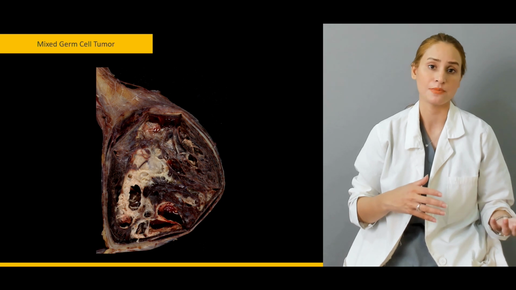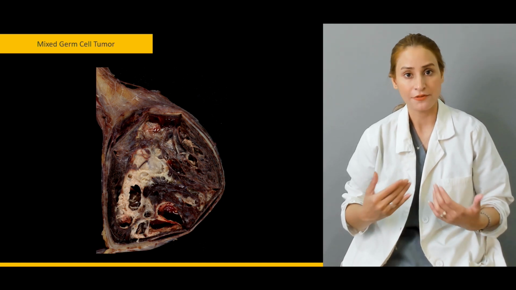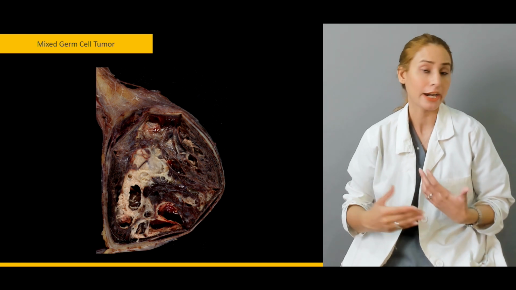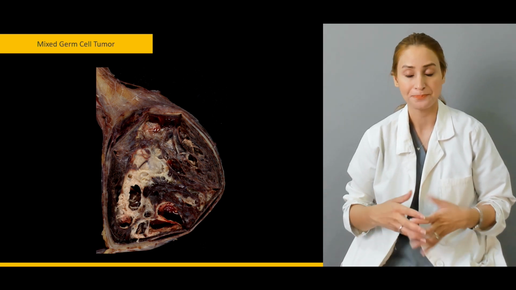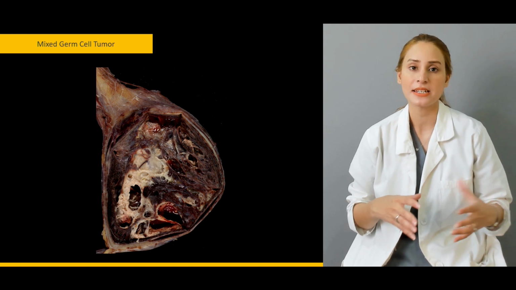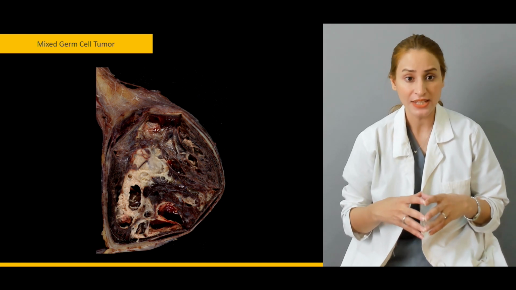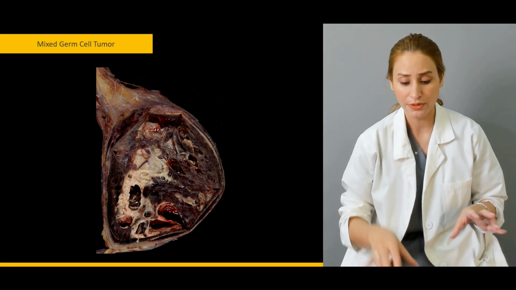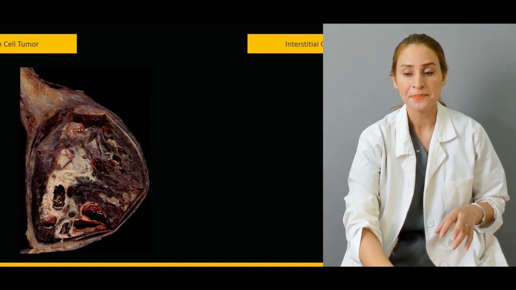And we know that teratoma is derived from the ectoderm, endoderm, and mesoderm, so there can be hair, there can be skin appendages, bone, soft tissue, depending upon the part. So these mixed germ cell tumors, although they're not common, they're very rare, are very aggressive.